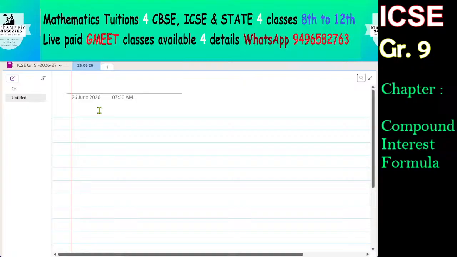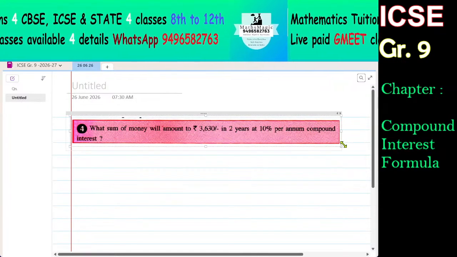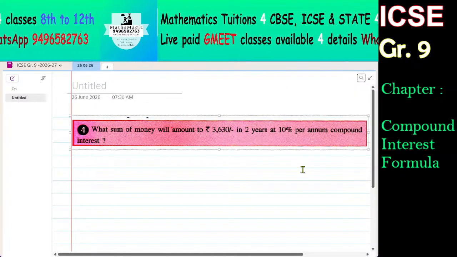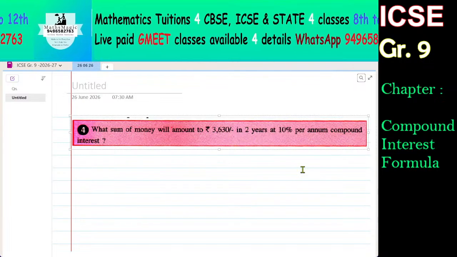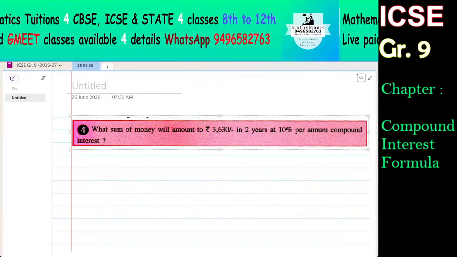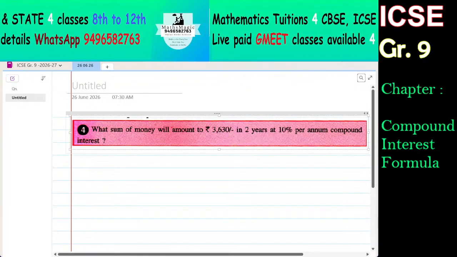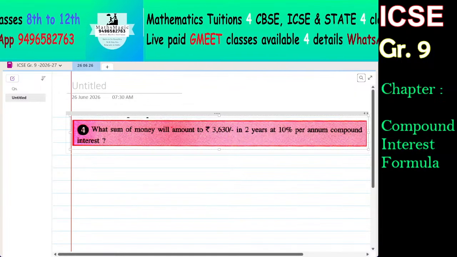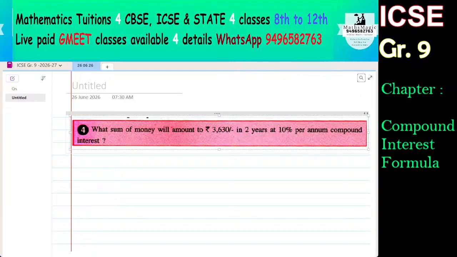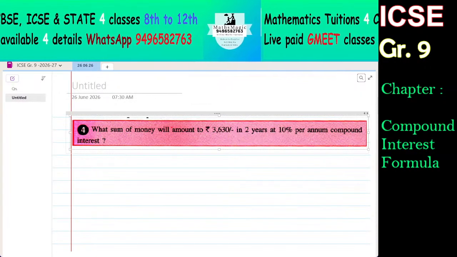So now try to do this question. What sum of money will amount to 3,630 in 2 years at 10% per annum compound interest? So we have the formula for compound interest, in which we have amount, principal, rate percentage, and number of years.